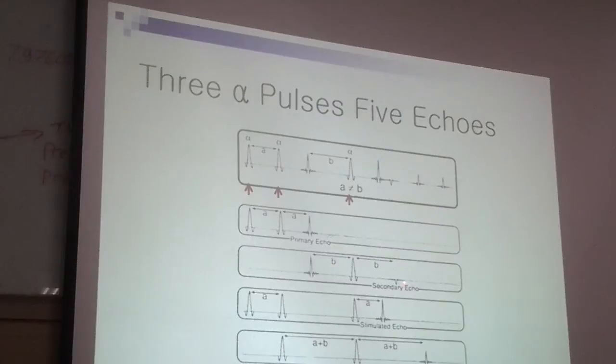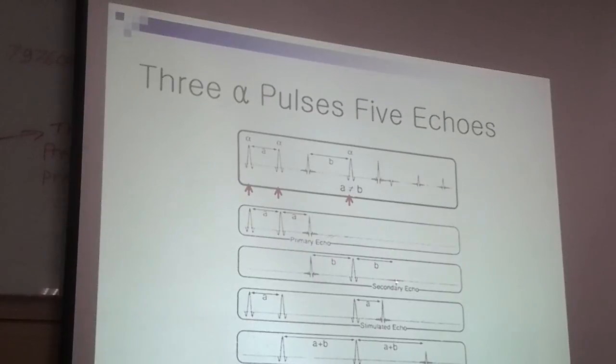So the secondary echo from the primary echo is generated with the time interval B, and this B time interval is equal to this time. So we call this a secondary echo of the primary echo.